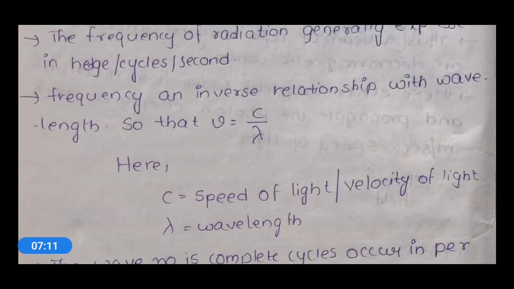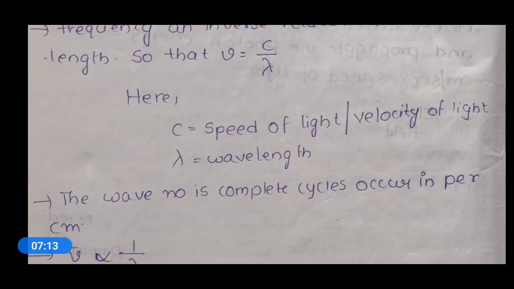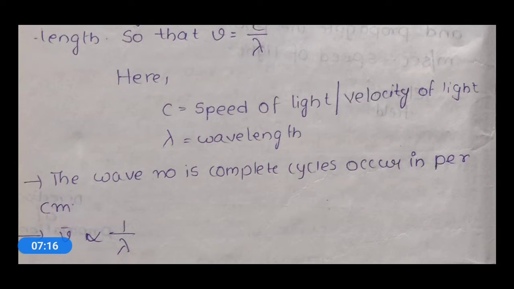The wave number is the number of complete cycles that occur per centimeter.